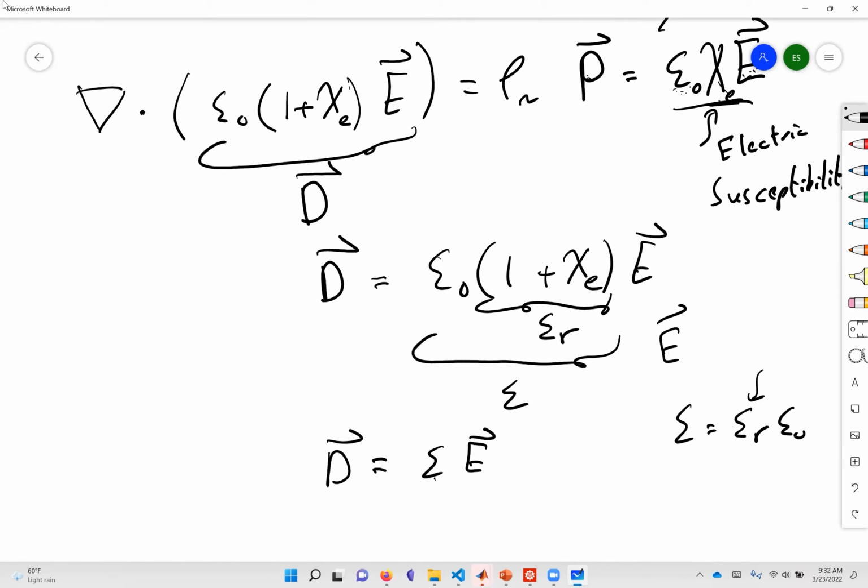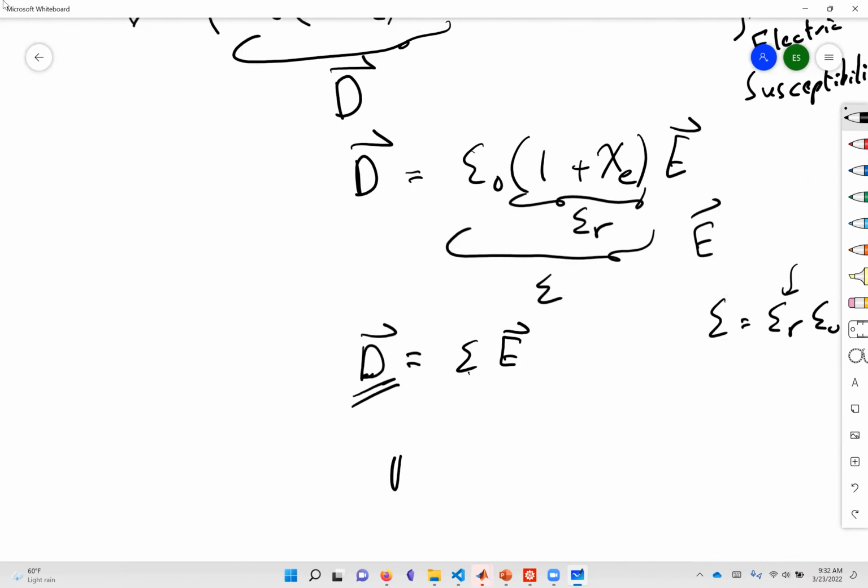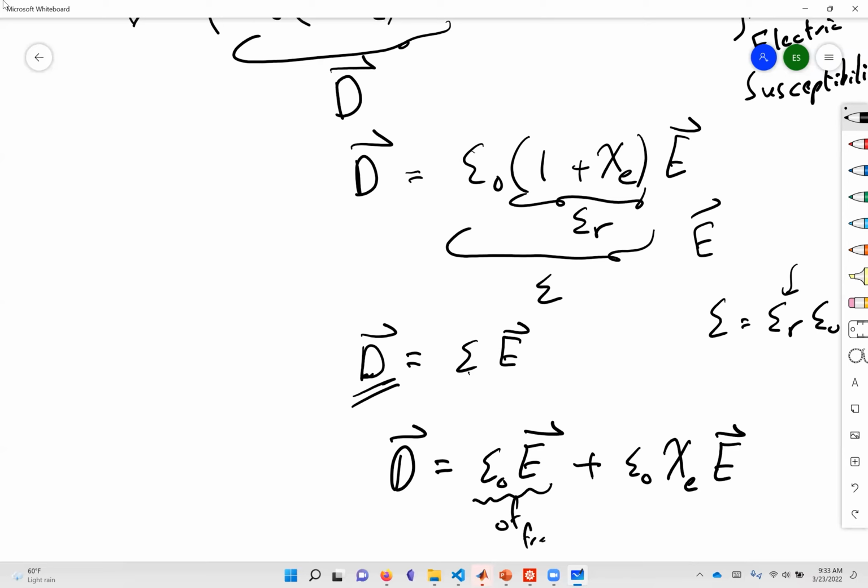But essentially D in a general material, not just free space, is a polarization vector, and it includes the polarization of free space, epsilon naught E, plus the polarization due to the material, which is epsilon naught E times the susceptibility chi E. So this is polarization of free space, and this is polarization of the material.